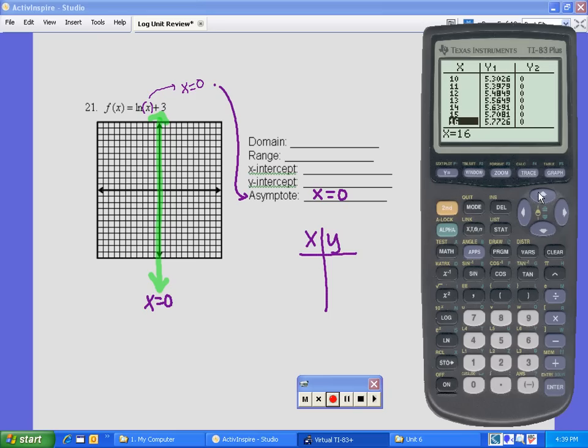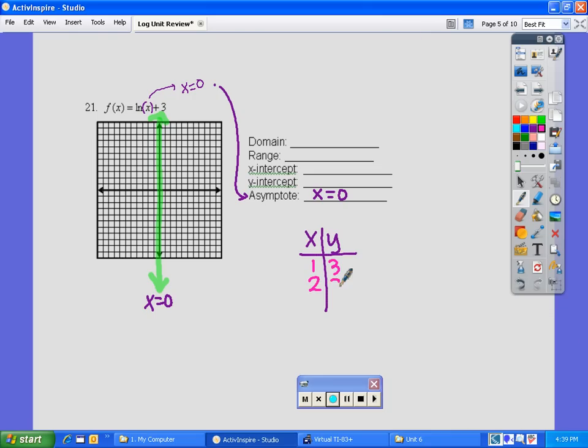Actually, we probably don't have any besides (1, 3). So when you don't have any numbers that aren't decimals, just use the first 3 numbers: (1, 3), (2, 3.7), and (3, 4.1). Remember, your calculator lies, so make sure you go all the way down.